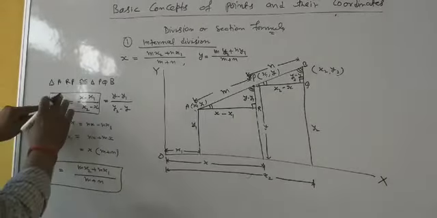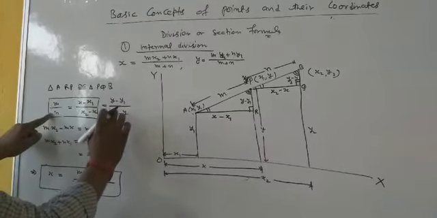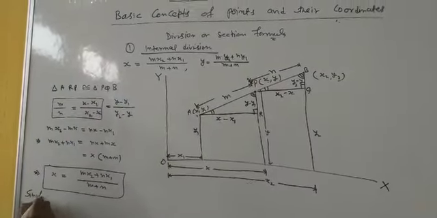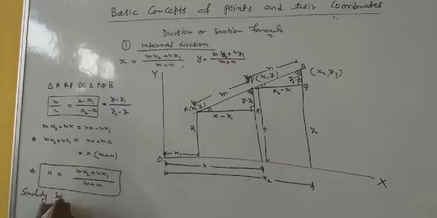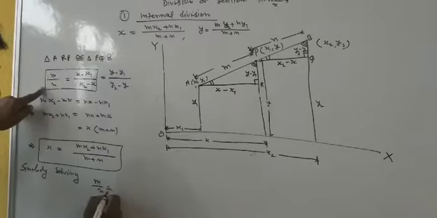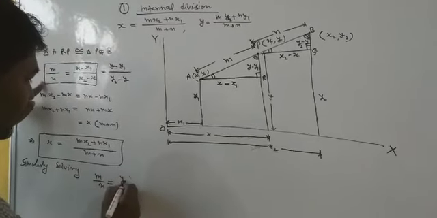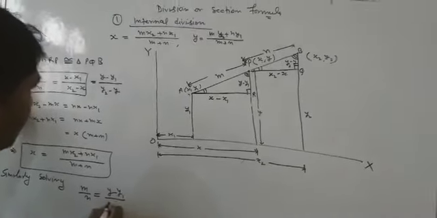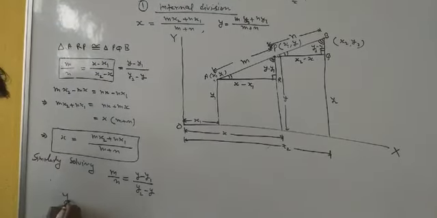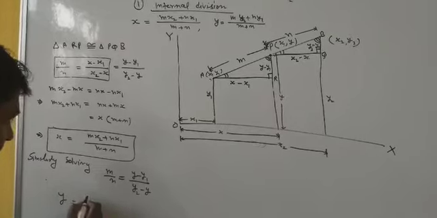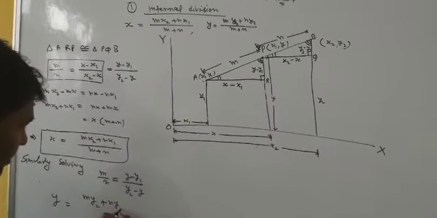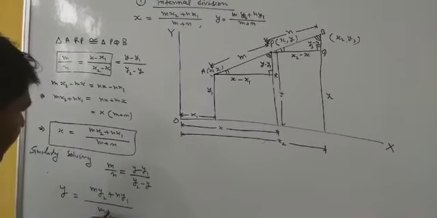Similarly, taking m by n is equal to y minus y1 upon y2 minus y and solving, we get the value of y as my2 plus ny1 upon m plus n.